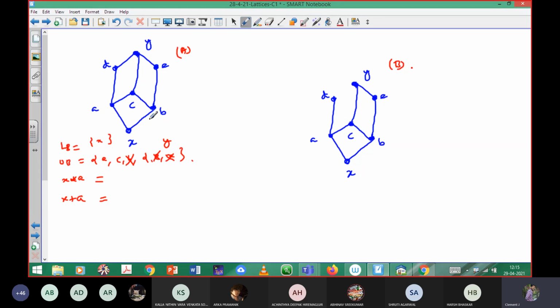See here, in this case, for your X and A, if you consider E, E is the upper bound of X because it is in the upward direction. But when you take it with respect to A, it will go in this path like A, C, Y, E, otherwise A, C, B, E. So it will get down and then it will start rising in the directional path. So because of that reason, E should not be included in this set. Is it clear?